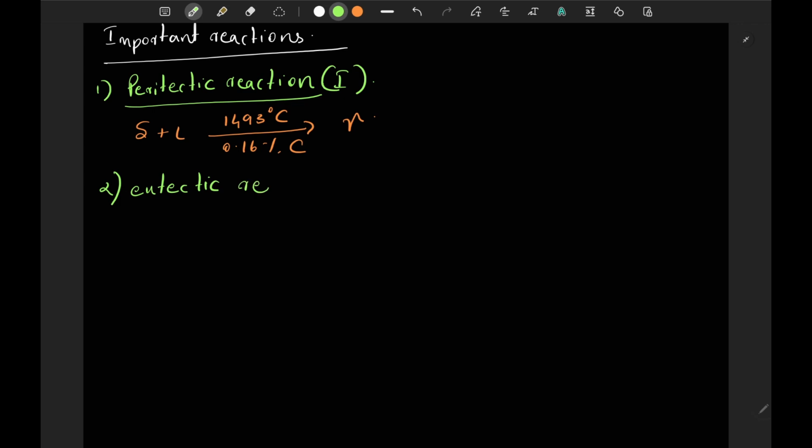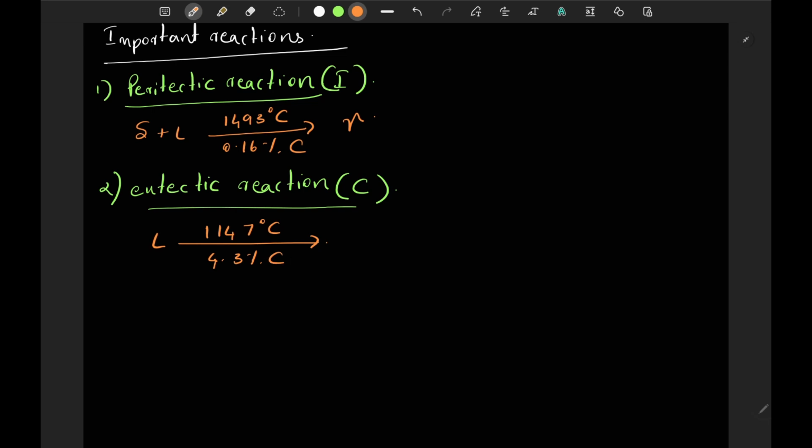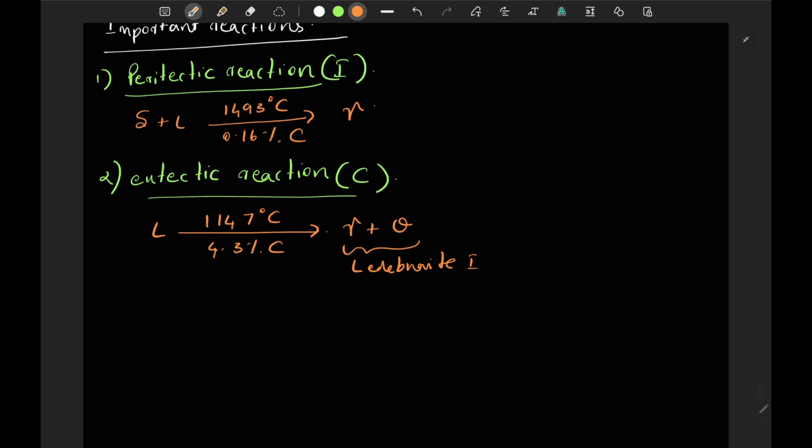Eutectic reaction at point C, liquid at a temperature of 1147 degrees Celsius and 4.3% carbon gives gamma plus theta. Theta is Fe3C, and this altogether is called as ledeburite. Ledeburite will be explained in detail in a different video.